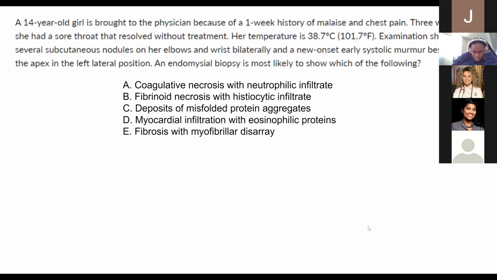That's why it's B. A lot of you chose E, and I see why, because again, a young child. But there's nothing here to tell you it's exercise induced. So E is actually describing HOCM: fibrosis with myofibril disarray. That is the histology behind HOCM.